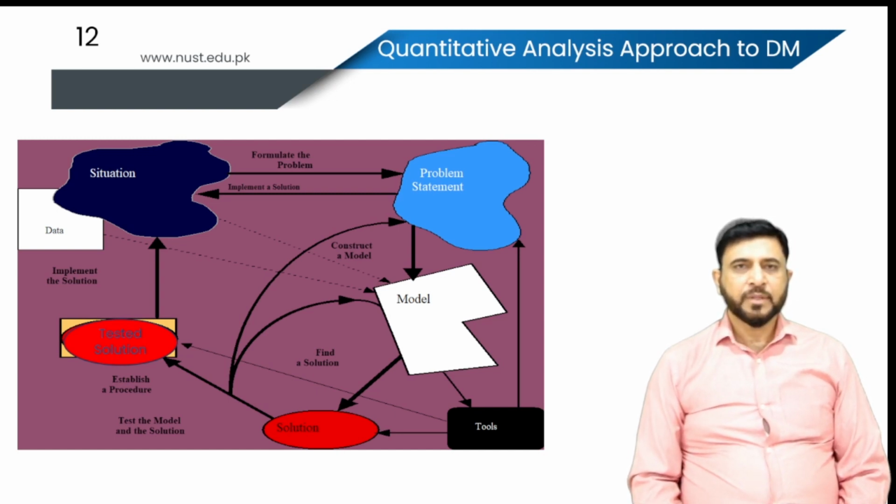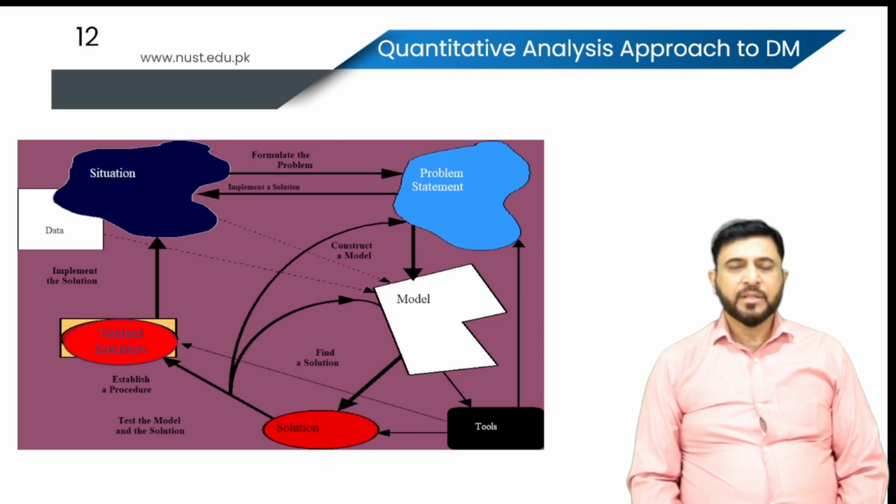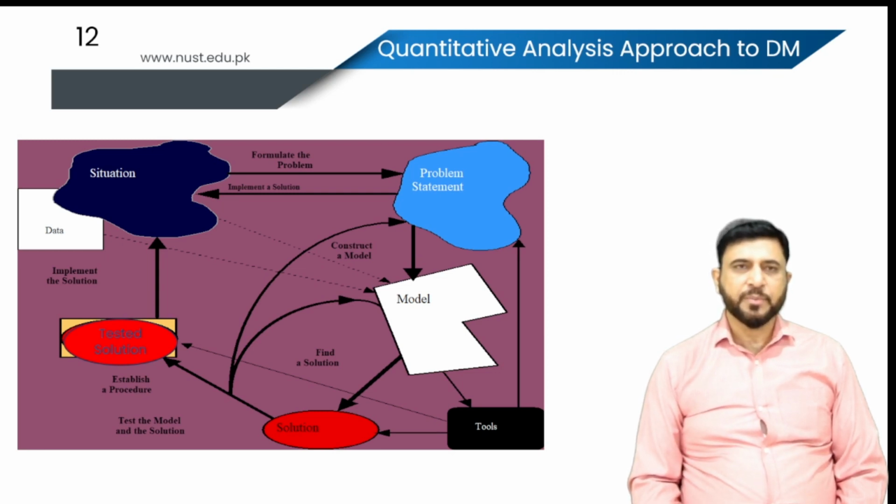Then the problem statement deals with the model. When the model is made, with the help of different tools the model is solved and a solution is obtained. The solution is then tested, and finally this tested solution is implemented in the situation for improvement. So this is the quantitative analysis approach to decision making.